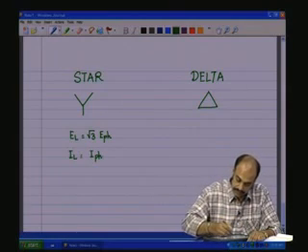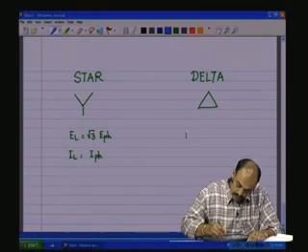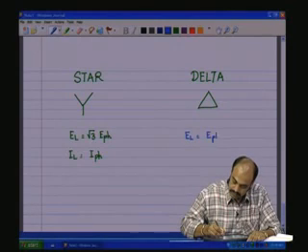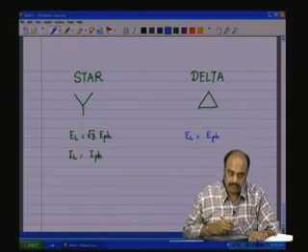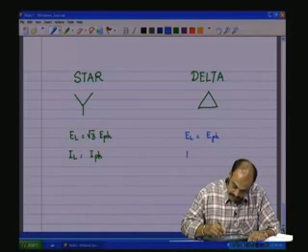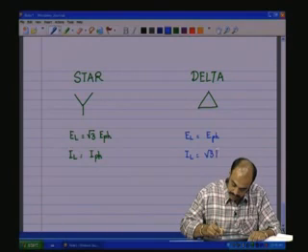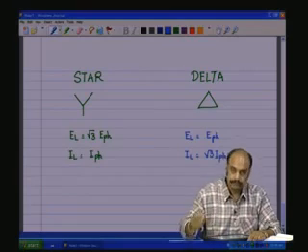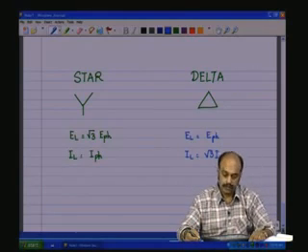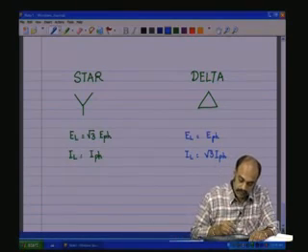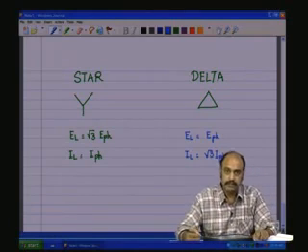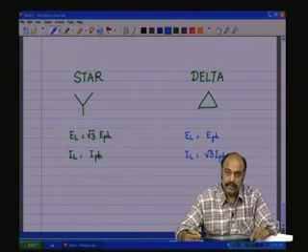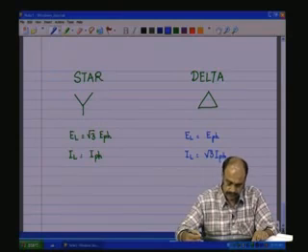And the delta circuit: E line equals E phase. Line voltage is same as the phase voltage, and I line will be root 3 times I phase. These are the two important relationships with respect to the star and delta circuits.